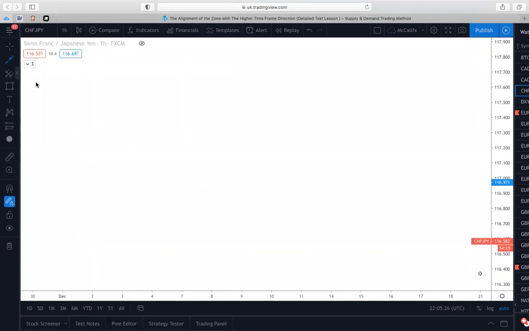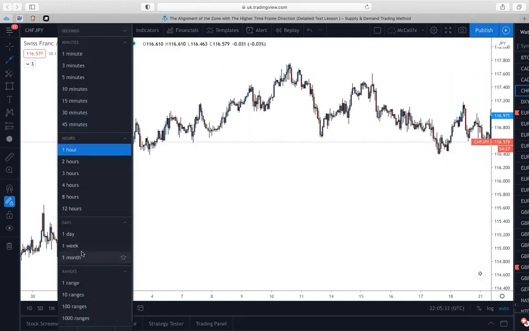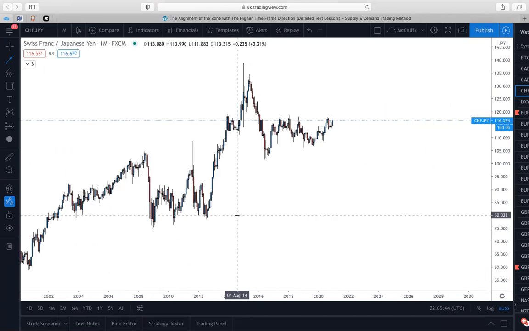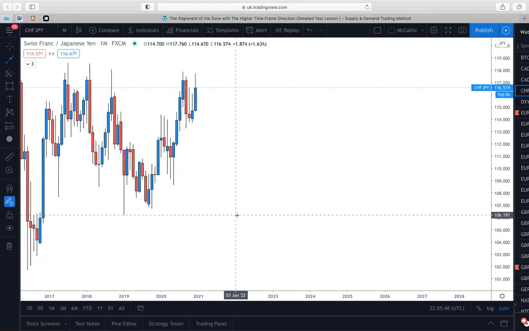So basically, the alignment of time frame is kind of like a daily pullback strategy. Usually you start with a high time frame. You want to see, is the market aligned? Is the market trending?